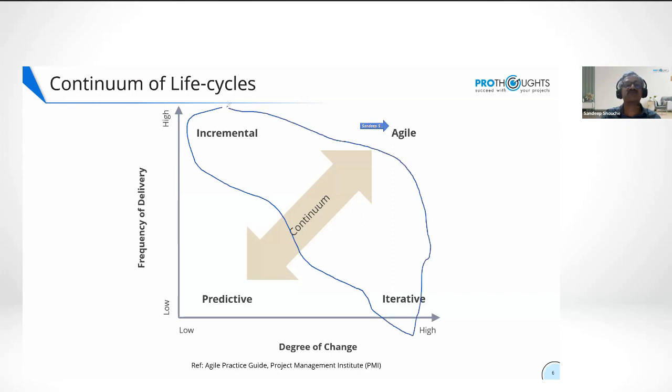All of this is adaptive space. Incremental, iterative, or agile, all of them are adaptive life cycles. You have to apply them judiciously, right?